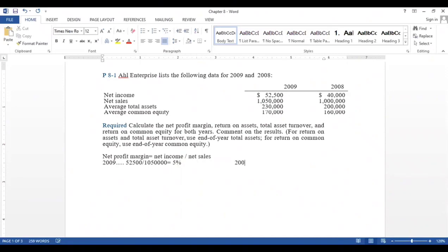And for 2008, our net income is 40,000 and our net sales are 10 lakh, and our net profit margin becomes 4%.